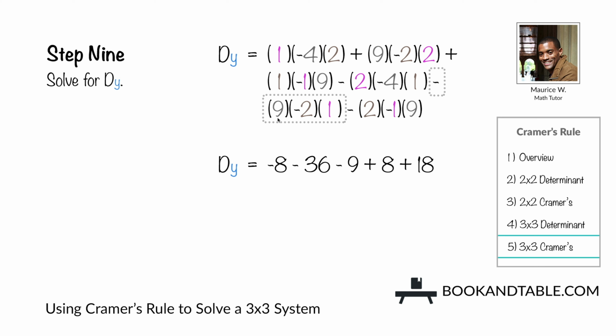Negative 1 times 9 is negative 9, times negative 2 is positive 18, times 1 is positive 18. And negative 1 times 2 is negative 2, times negative 1 is positive 2, times 9 is 18. So we see that dy is equal to negative 8 minus 36 minus 9 plus 8 plus 18 plus 18, which will equal negative 9.